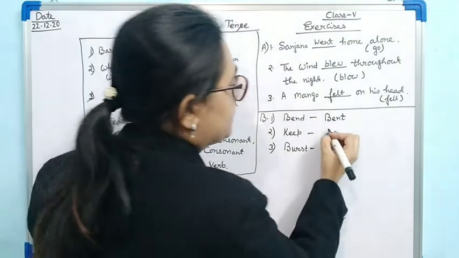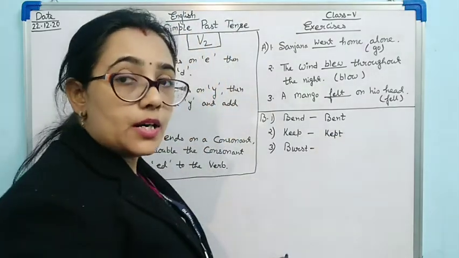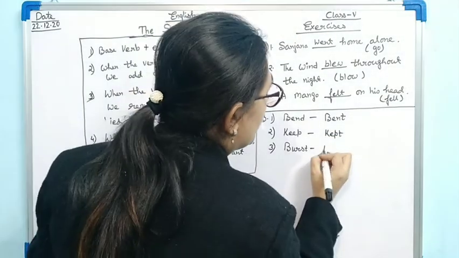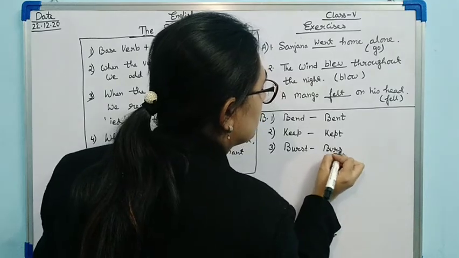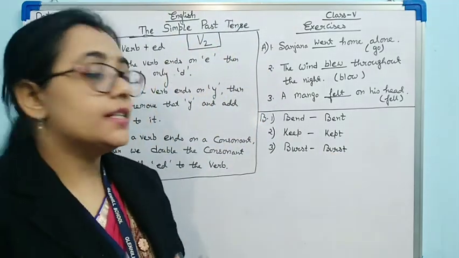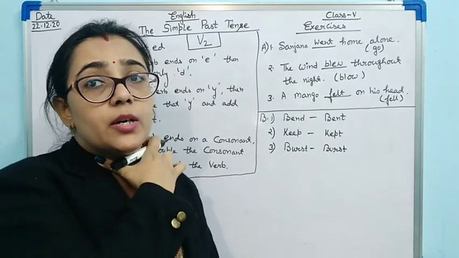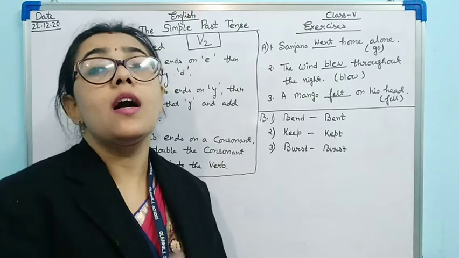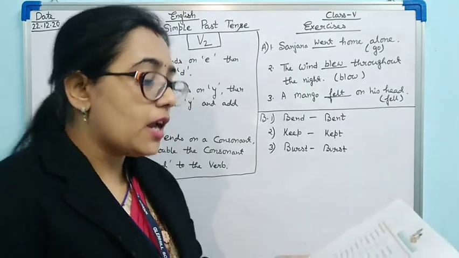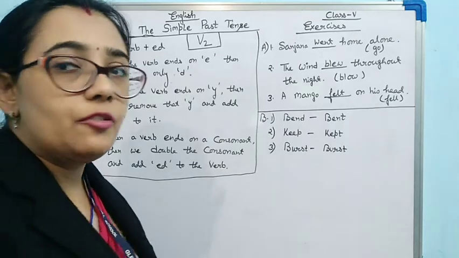Keep, kept. Now burst, it will be burst only. So like this we will solve exercise B, where the base form of the verb is given and we have to change it into simple past form. Remaining I will send you on your WhatsApp group so that you can complete it from there.